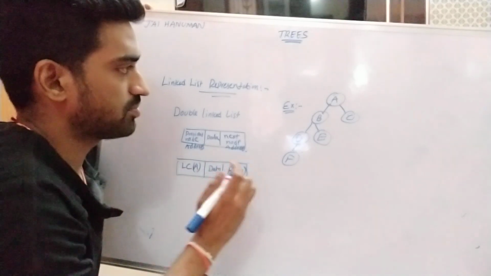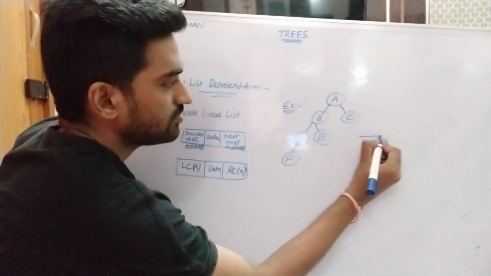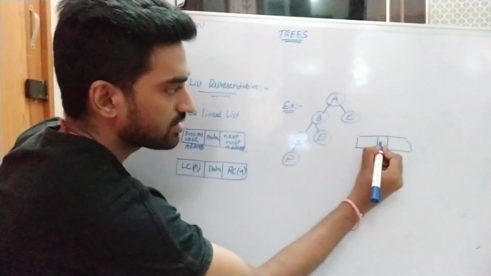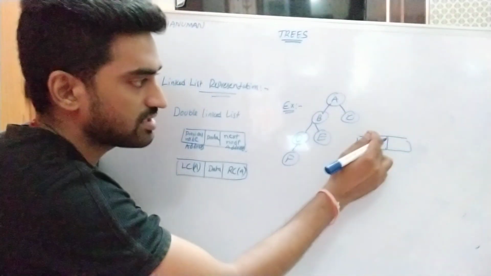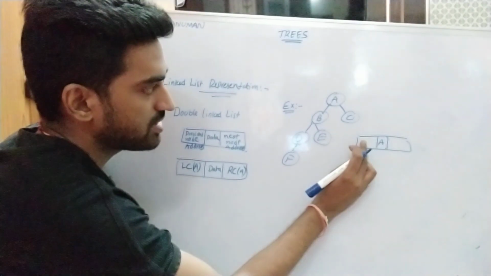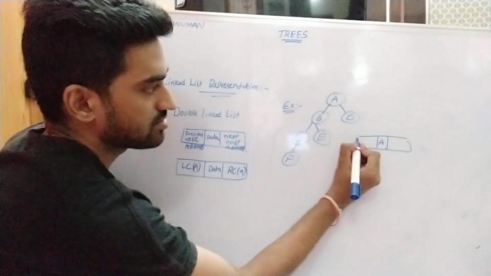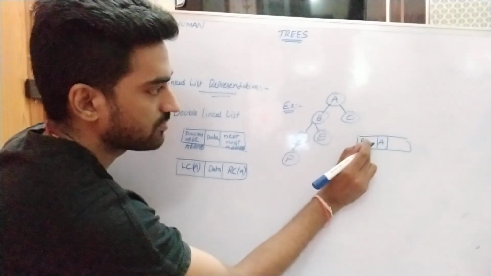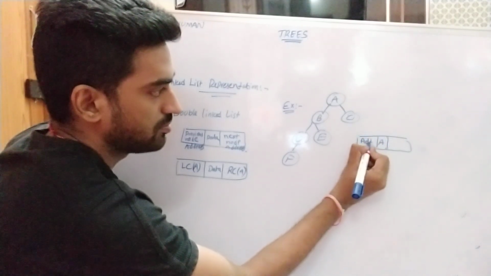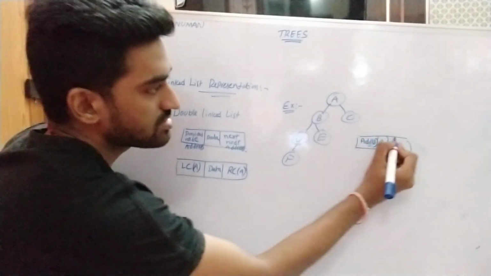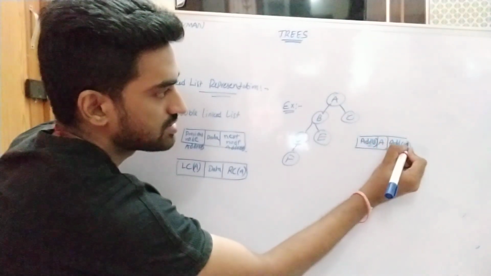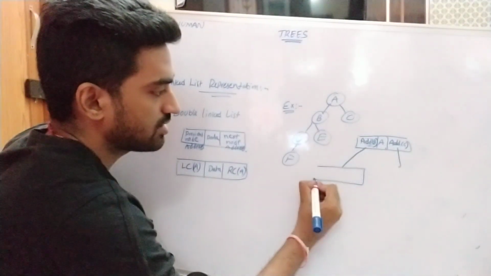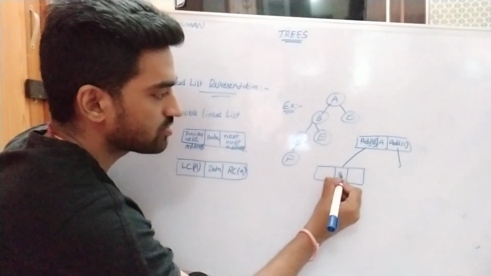How do we represent it? Each node contains three fields. The actual data for this node is A, placed in the middle. The left field holds the address of B, and the right field holds the address of C. Again, each node contains three fields with the actual data.